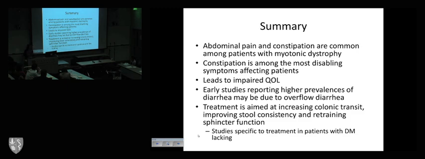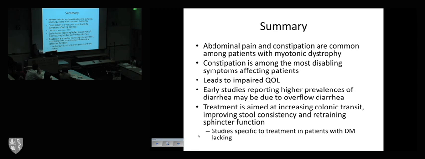And, you know, as I treat a lot of patients with various GI dysmotilities, but with Dr. Day here, I'm learning more and more about the myotonic dystrophy. And what I found very disappointing was that there were very few studies that looked at these treatments specifically in patients with myotonic dystrophy.